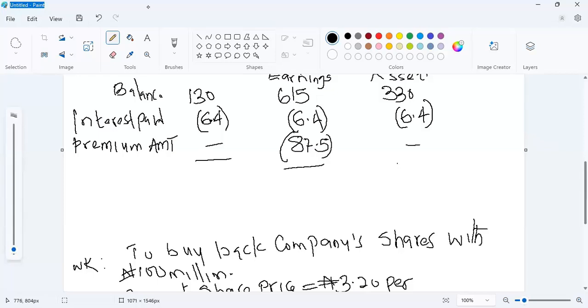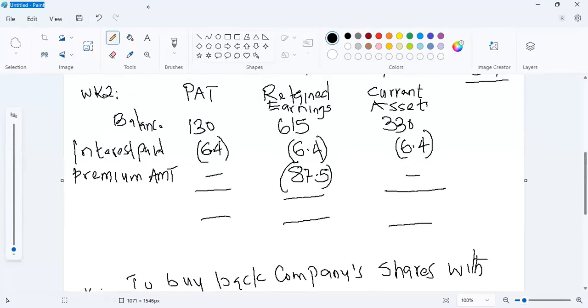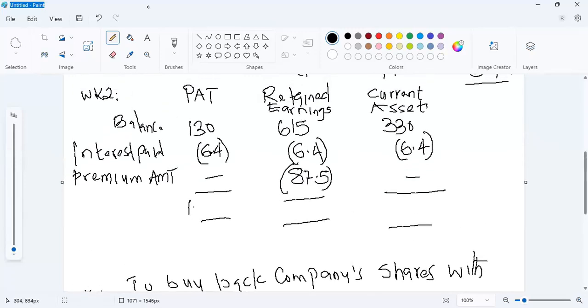For working 2, share capital 130 minus 6.4. What do you have? 123.6. Retained earnings 615 minus 6.4 minus 87.5. What do you have, please? That should give 521.1. Thank you.